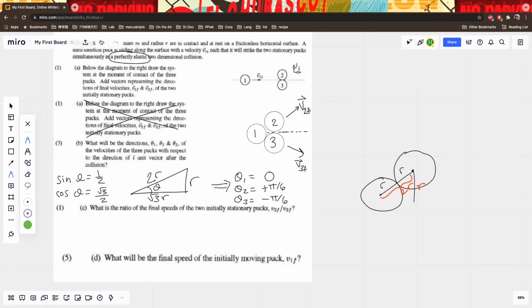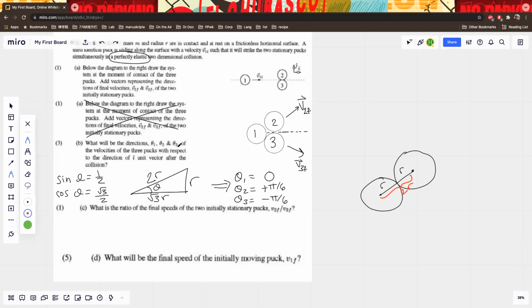This isn't drawn very well. Okay, so I understand what you're doing here. What question are we working on at the moment? We're calculating these angles theta 1, theta 2, theta 3.